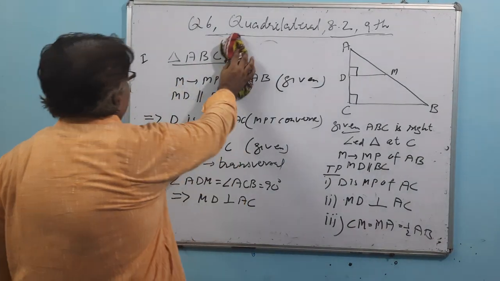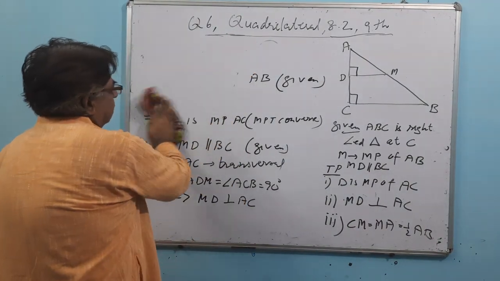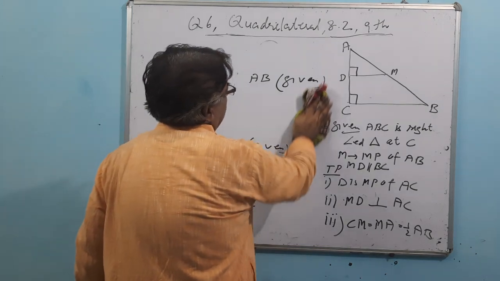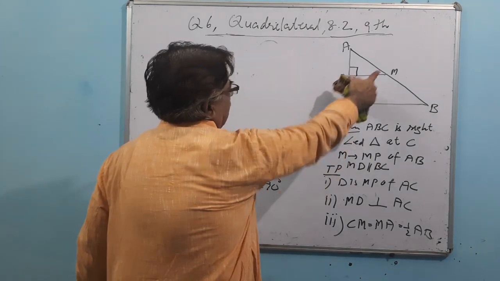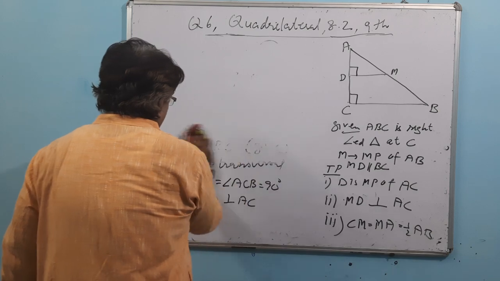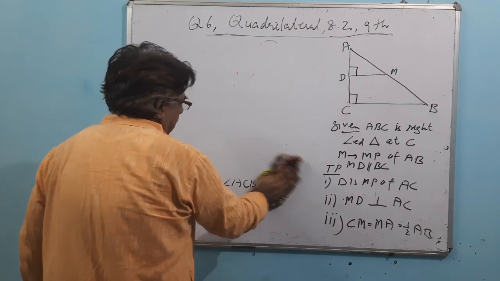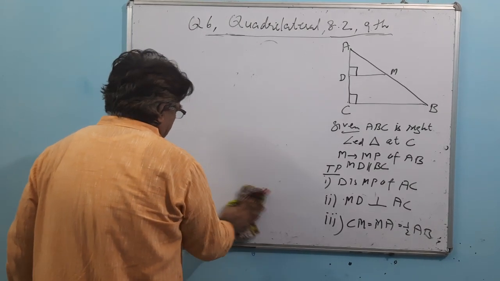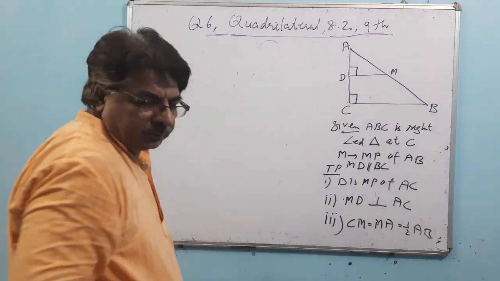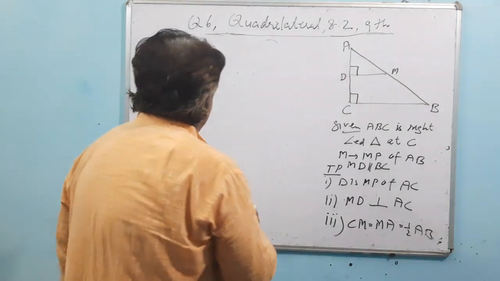Now, we are going to prove the third part, in which we have to show that CM is equal to MA is equal to half of AB. Third part.